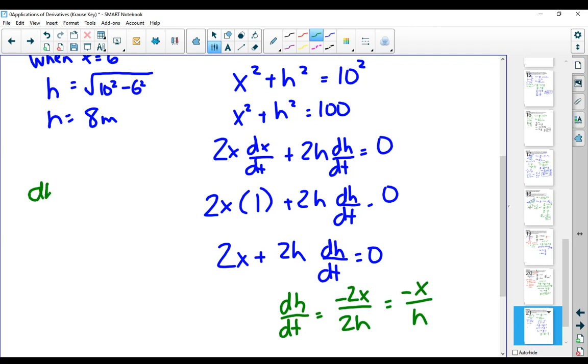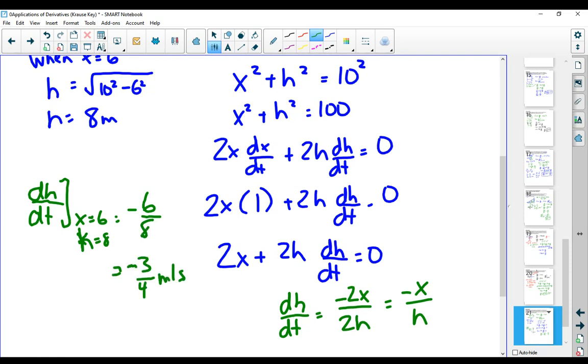So the derivative of height with respect to time when x equals 6, which means h is 8, would be negative 6 over 8, which is negative 3/4 meters per second. We could have subbed in the negative 6 and the positive 8 and done this in one step. I just chose to show you a different method.